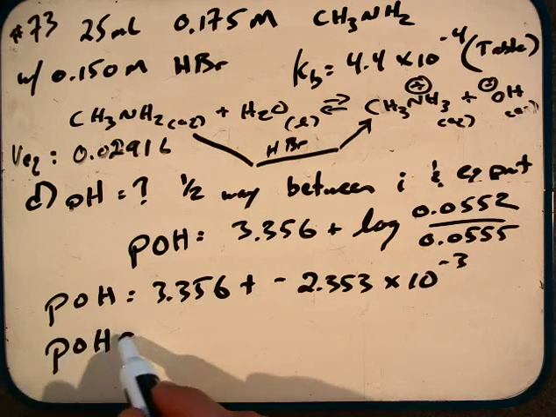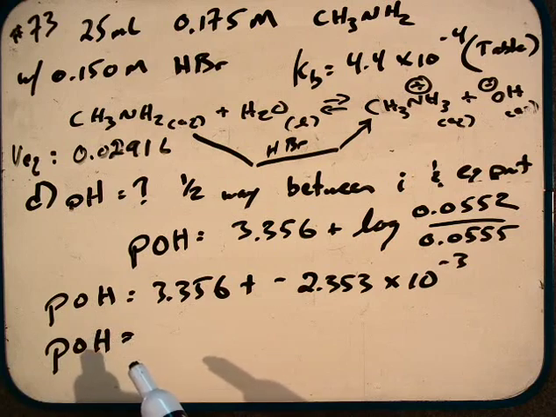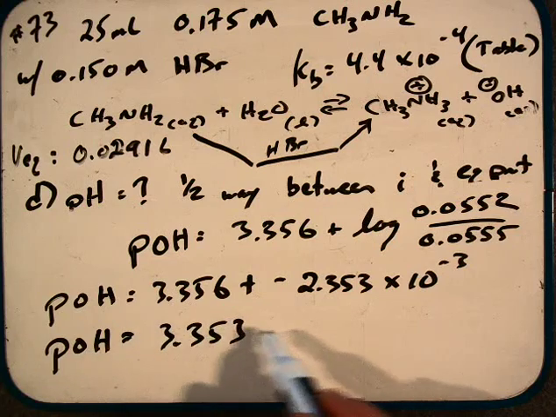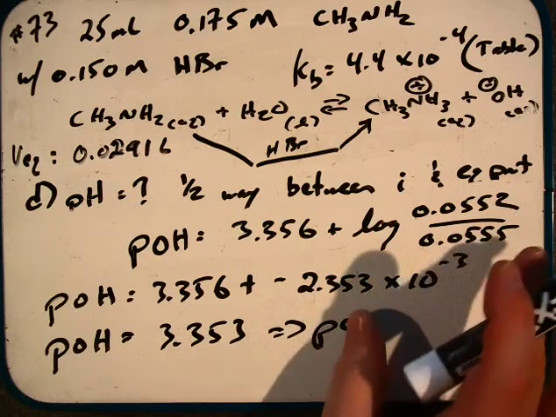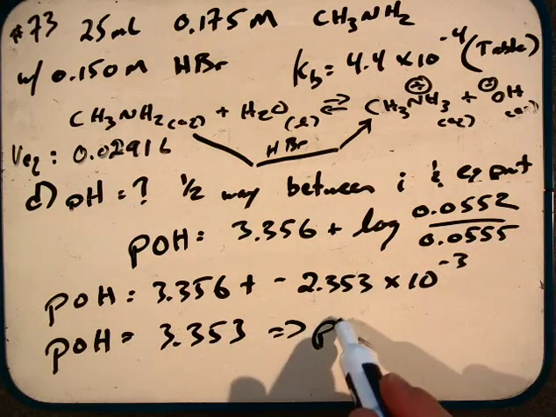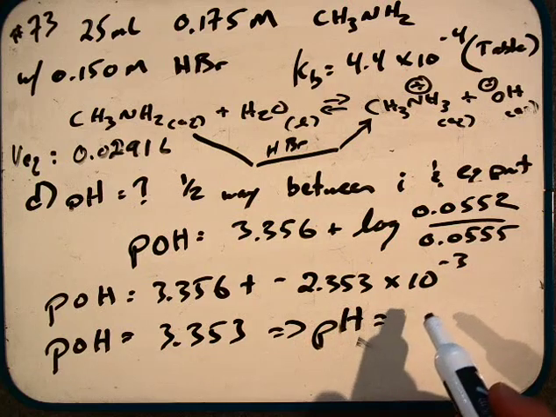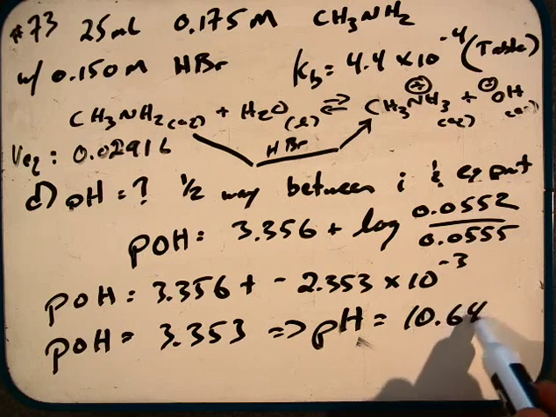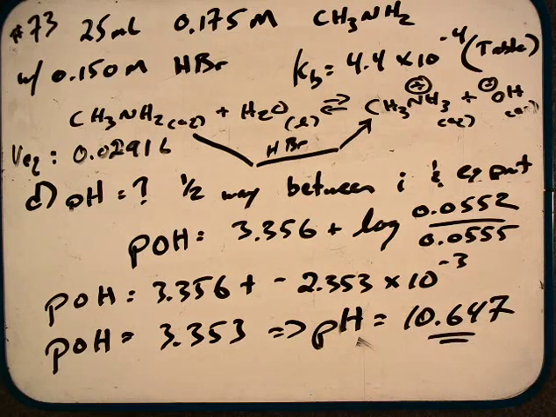Our pOH is then equal to 3.353, and that means our pH is then equal to 10.647. So as we go through the titration, now halfway to the equivalence point, we see a slow drop that's occurring in the pH.